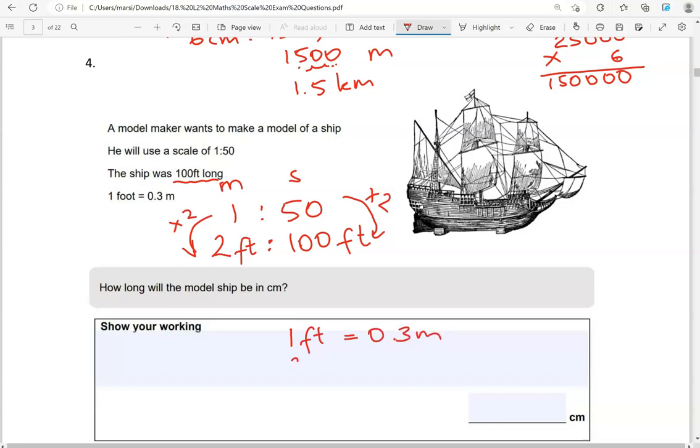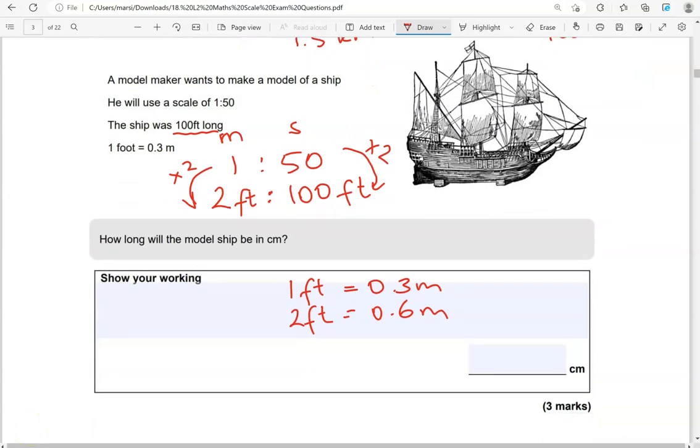What about 2 feet? That will be 0.6 meters. We know that in a meter there are 100 centimeters, because we've got to give our answer in centimeters. So 0.6 meters will be 60 centimeters.